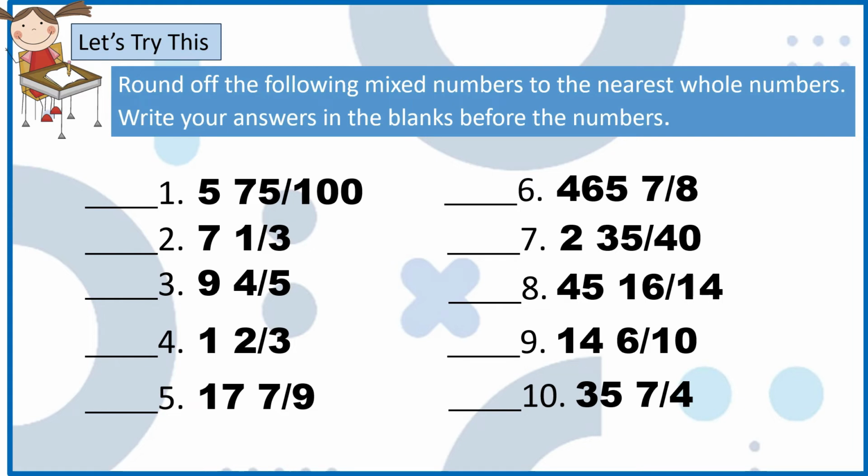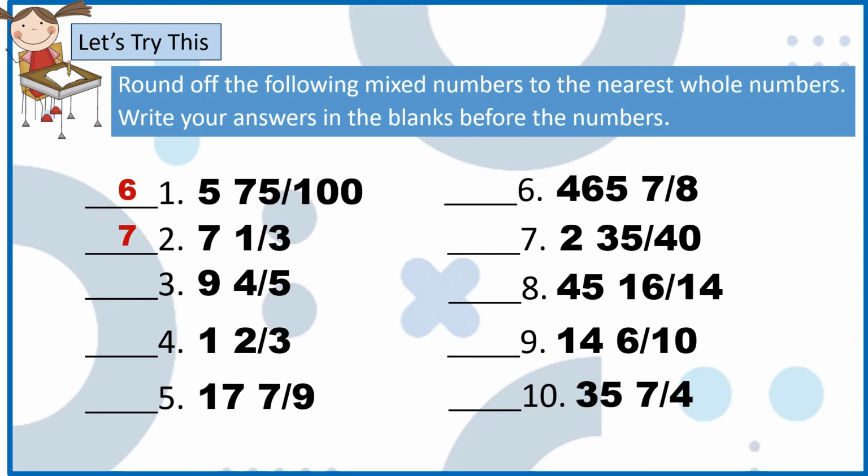Okay, now let's try to answer. 5 and 75 over 100. 75 divided by 100 equals 0.75. 5.75 rounded up to the nearest whole number is 6. Okay, number 2, 7 and 1/3. 1 divided by 3 equals 0.33. 7.33 rounded to the nearest whole number is 7.